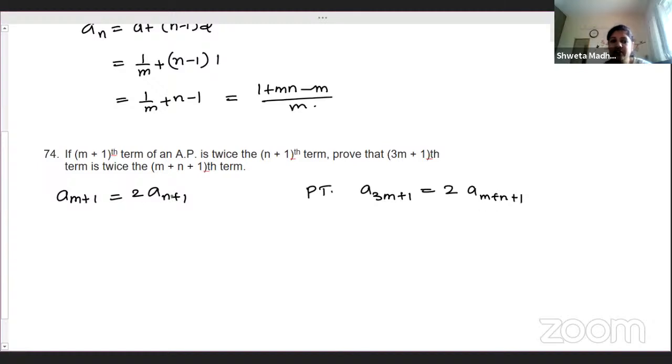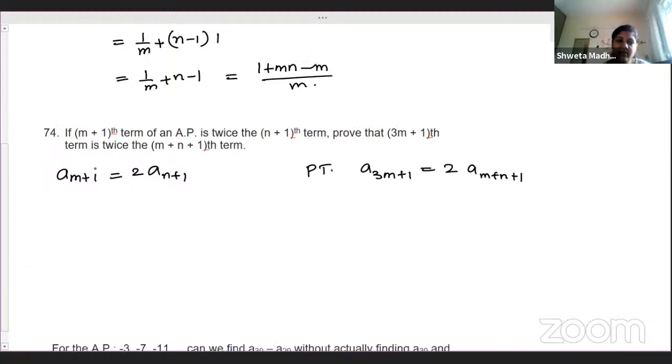So find the relation here. Simplify this, you will get some relation, a value of a or value of d. Then substitute that value in RHS and LHS separately and show that LHS and RHS are equal. Has anyone done this? Yes, ma'am.